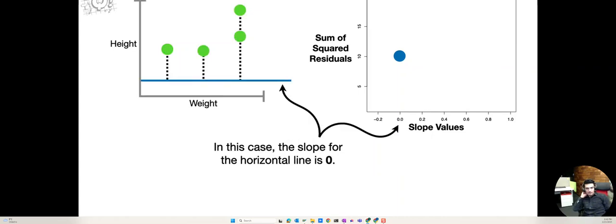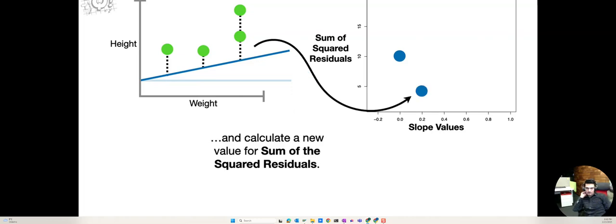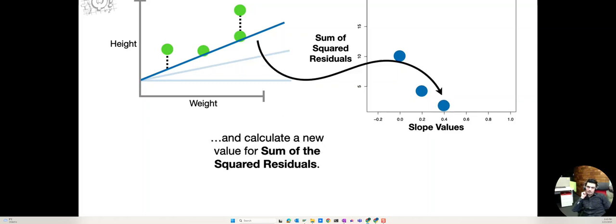In this case, the slope for the horizontal line is 0. Now let's increase the slope to 0.2 and calculate a new value for the sum of the squared residuals. Now let's increase the slope to 0.4 and calculate a new value for the sum of the squared residuals.